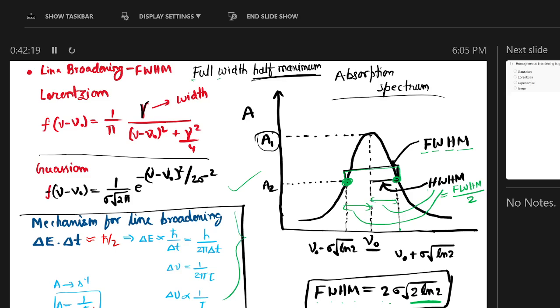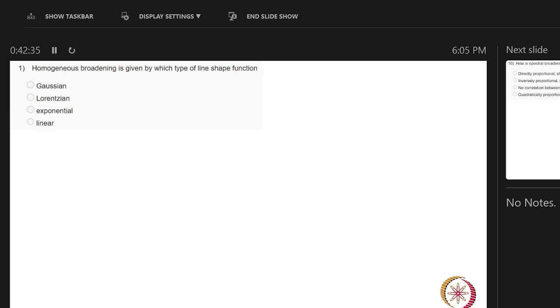First, based on this broadening, how can we calculate the full width half maximum and half width half maximum broadening? What is the significance of this? Why are we getting a broad spectrum? We understood these things. So let's look at some problems based on these concepts. Homogeneous broadening is given by which type of line shape function? Homogeneous is Lorentzian.